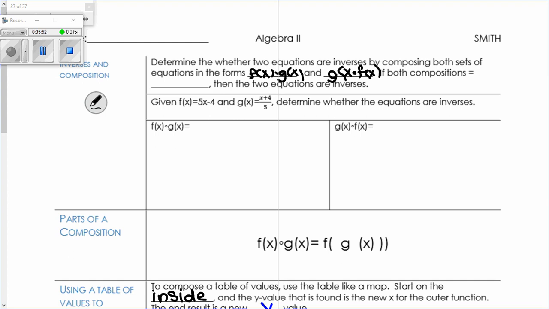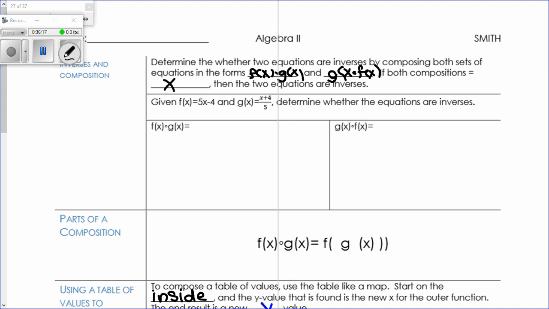Both compositions have to equal x. Okay? They have to equal x. So here, I'm going to put g of x inside of f. They have to equal x, both of them, the compositions, in order for these to be inverses.